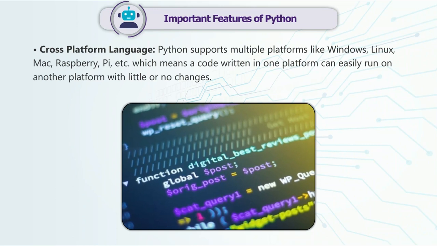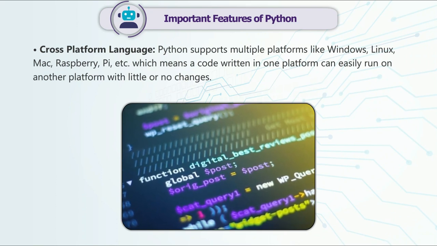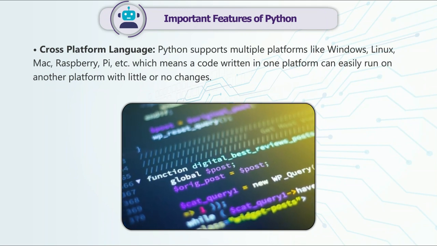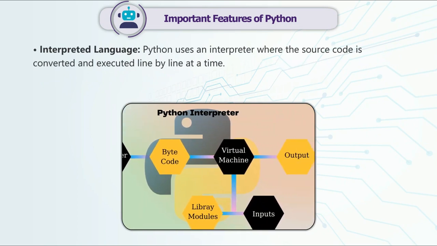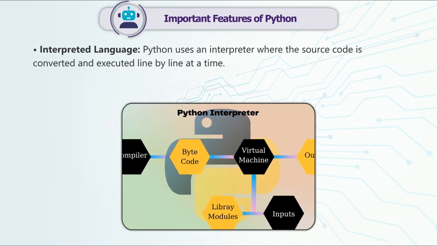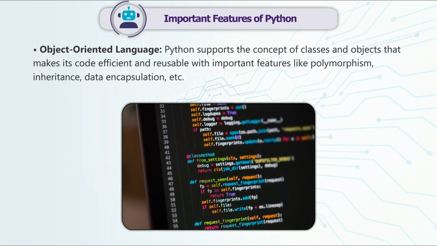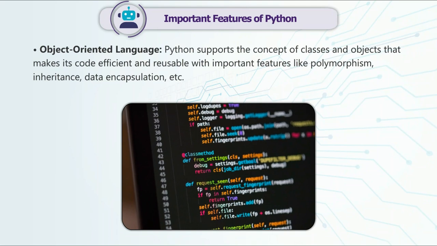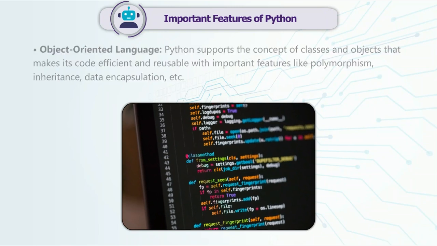Python supports multiple platforms like Windows, Linux, Macs, Raspberry Pi, etc., which means a code written in one platform can easily run on another platform with little or no changes. Interpreted language. Python uses an interpreter where the source code is converted and executed line by line at a time. Object-oriented language. Python supports the concept of classes and objects that make its code efficient and reusable with important features like polymorphism, inheritance, data encapsulation, etc.